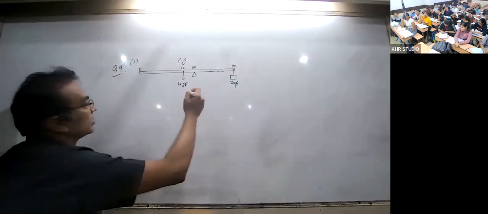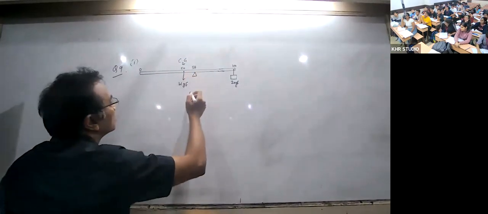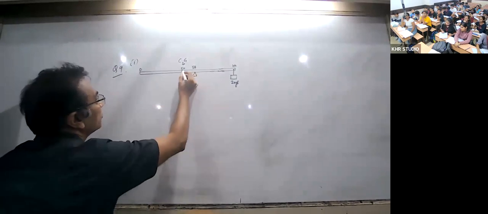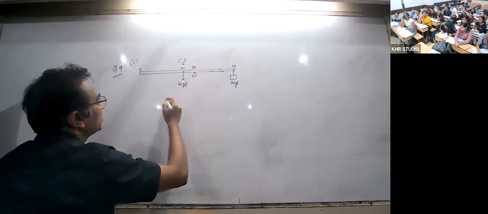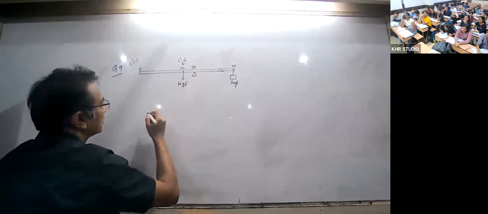That's it. So what we have to find out is the weight of the scale. 58 minus 50 is 8.